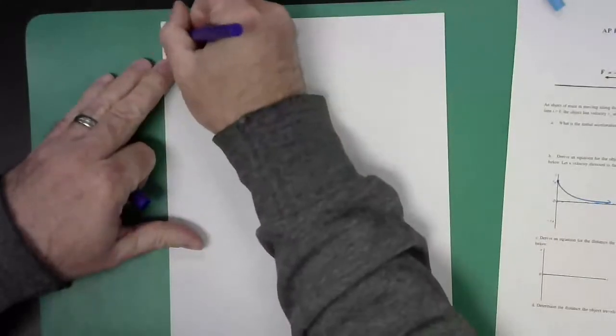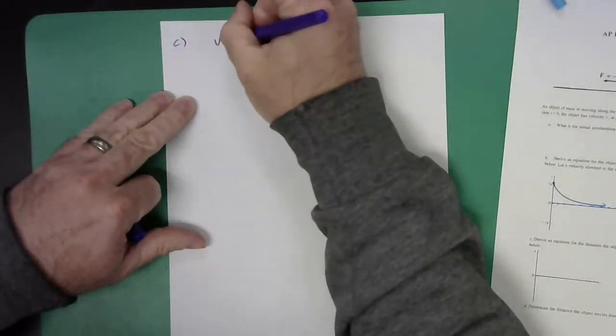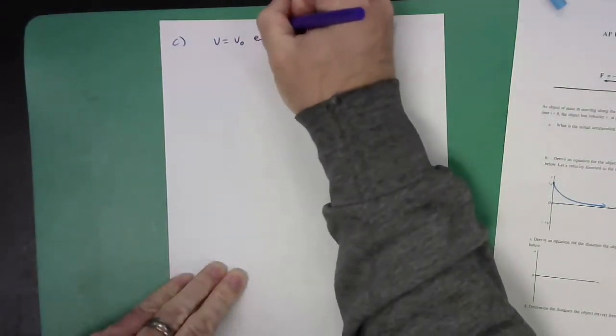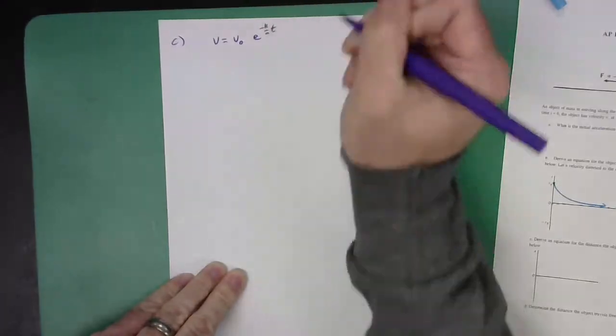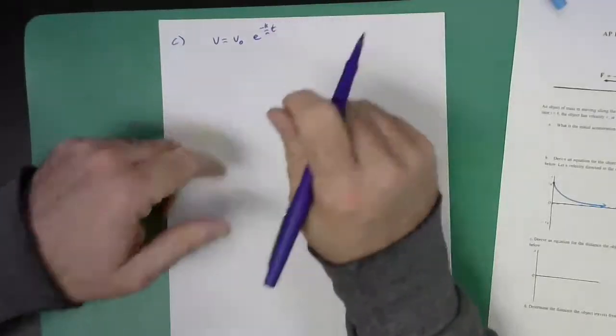Part C. Okay, so we want to find the position as a function of time. Now we have this velocity equation that V is V naught e to the negative k over m t. And so what we're going to do is take the integral.